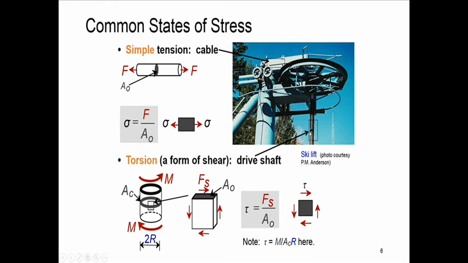If we look at this part of the shaft, of course, we will see a torque or moment applied in the shaft. If we take a free body diagram of a small part of that, we have a moment here, and we have another moment in the opposite direction.